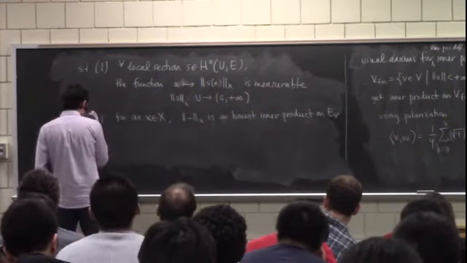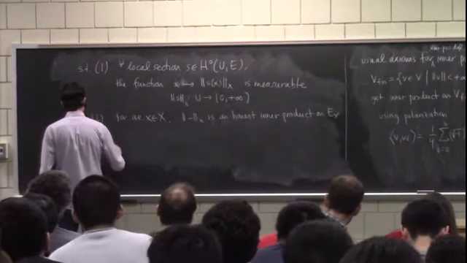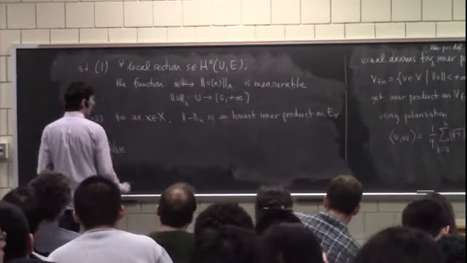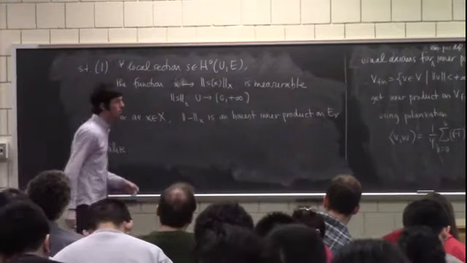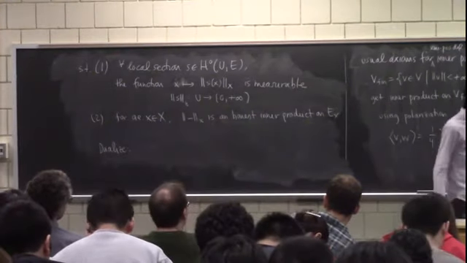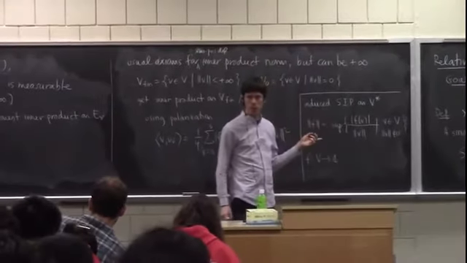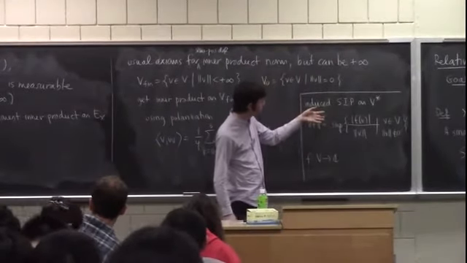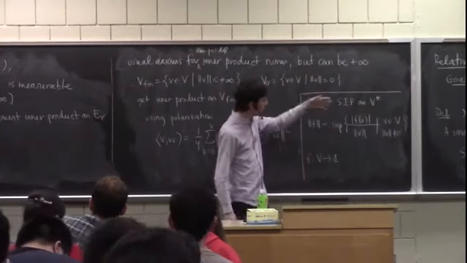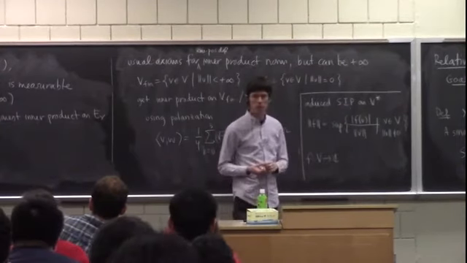Okay, now if I have this, I can also dualize. So by this construction over here, on every fiber of the bundle, I have a singular inner product. By applying this construction fiber by fiber, I get a singular inner product in the dual of that fiber.